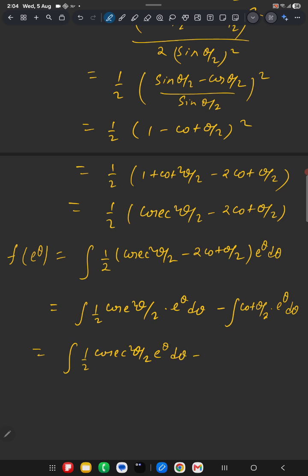And this second term I will integrate using the integration by parts method, that says integral of u into v dx, where u is chosen by ILATE: inverse, logarithmic, algebraic, trigonometric and exponential. So u means first term. First term will be cot theta by 2 into integration of v, meaning e power theta, and minus.